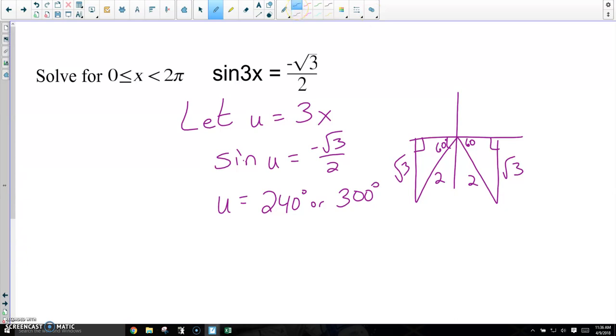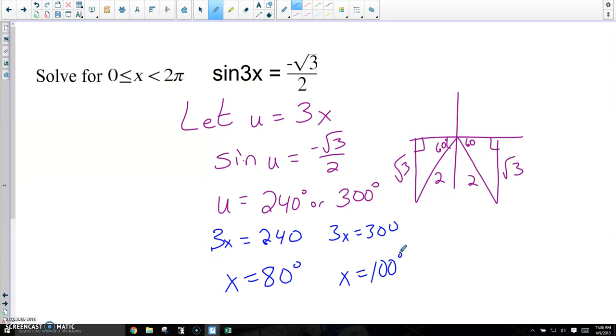So then if we set 3x equal to 240, we get x equals 80 degrees. Set 3x equal to 300, we get x is 100 degrees. And that's great, but what if I took an angle that was coterminal here to 240? So an angle that's coterminal to 240 would be 240 plus 360 is 600.